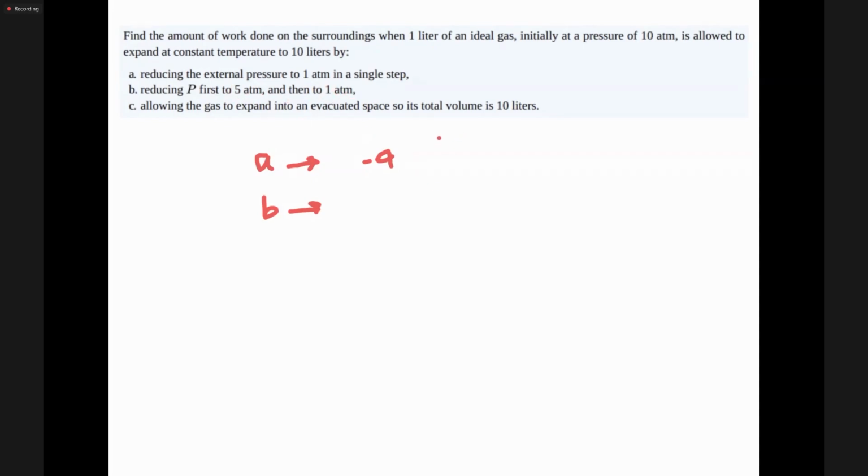So instead of a single step, this was a two-step process. In the last class, I showed that with a two-step process, the work done was more, which was minus 13 liter atmosphere.